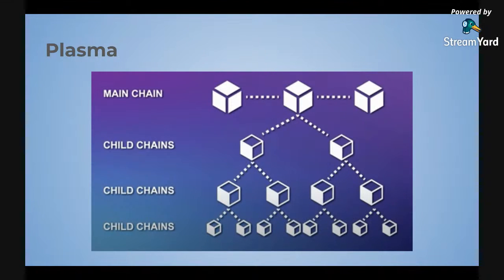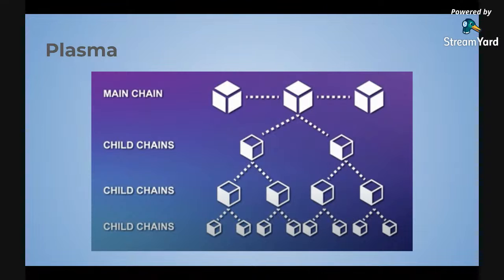Then there's enough data on mainnet for you to submit a withdrawal to get whatever assets you had on that side chain back. And then there's a dispute period where, let's say you do that, and then you try to cheat. You send another transaction to spend that money and take it back on the main chain, and then people can submit cryptographic proofs within some time, and once that time has elapsed, the main chain settles the dispute.